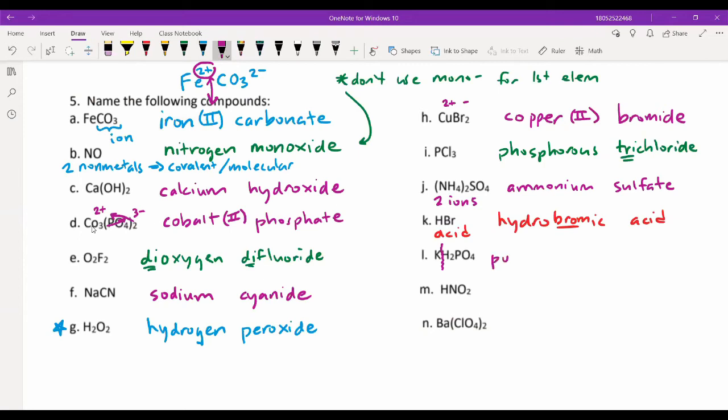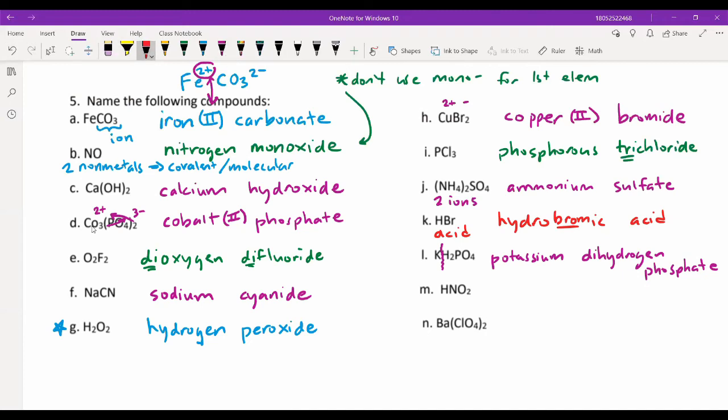So if we recognize the cation is potassium, then the anion is the rest of it, which is called dihydrogen phosphate. Should be on your list there. You can look up the polyatomic ions. Okay, so again, this is an ionic compound. There's a metal, potassium, and then the anion, dihydrogen phosphate.